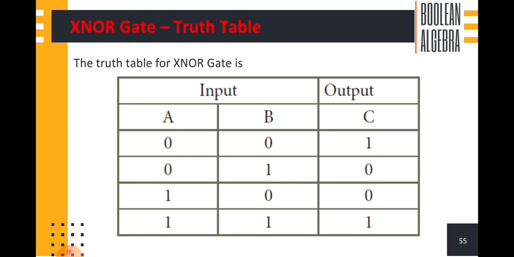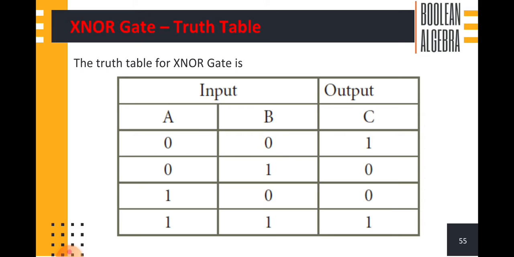Now you can see the truth table for the XNOR gate. The output is true when both the inputs are the same. We are passing two inputs A and B. How many combinations of values are there? Four combinations: 0 0, 0 1, 1 0, 1 1.